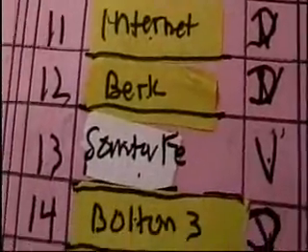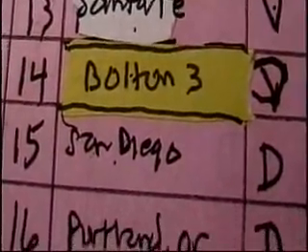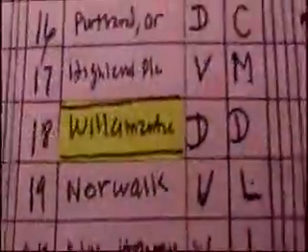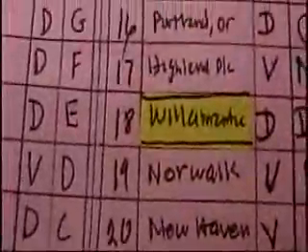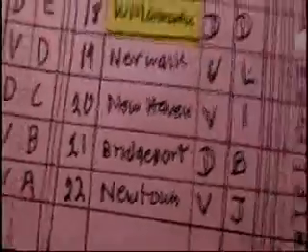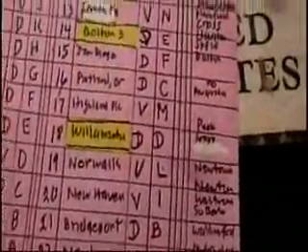The Internet, Berkshire, Santa Fe, Bolton, that's Tolland County, Connecticut. San Diego, Portland, Oregon. Highland Park, just out of Chicago suburb, 20 minutes from Chicago. Willimantic, Connecticut. Norwalk, New Haven, Bridgeport, and Newtown. That's next. We send each of them 4 shows, one for each week of July.